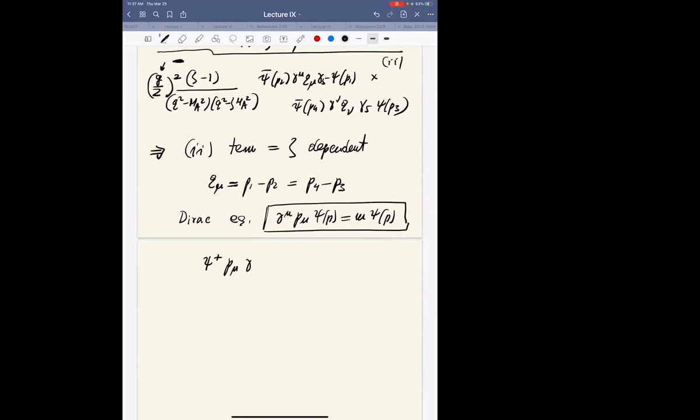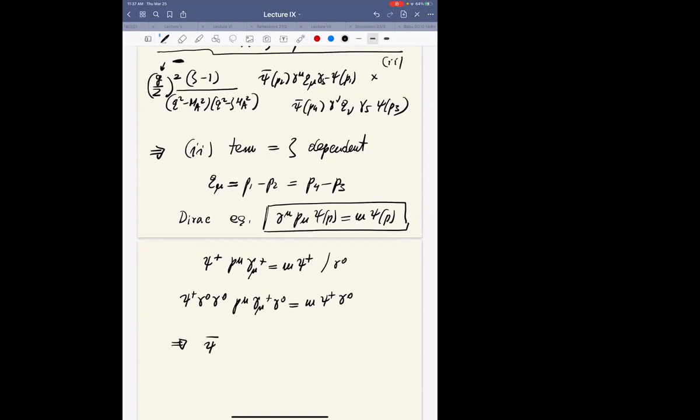I get psi dagger p mu gamma mu dagger equals m psi dagger. I can multiply this with gamma 0, so I get here psi bar gamma 0. Or let me be more precise, maybe you forgot, I'll just add 1, which is gamma 0: psi dagger p mu gamma mu dagger gamma 0 equals m psi dagger gamma 0.